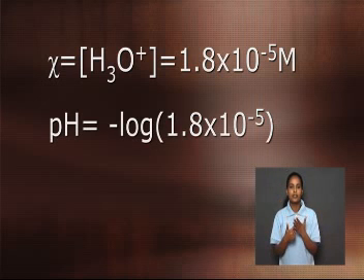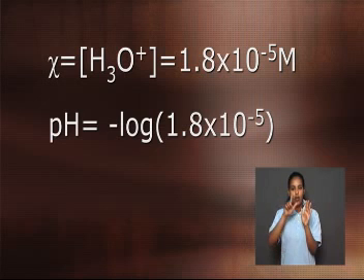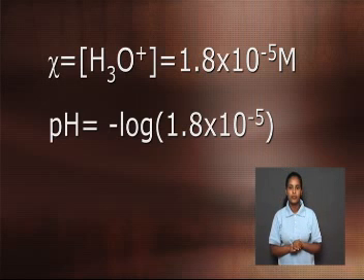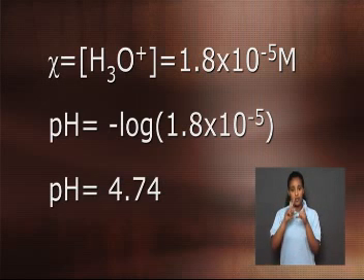Therefore, the pH is equal to negative log of 1.8 times 10 to the power of negative 5. Our final answer is a pH of 4.74.